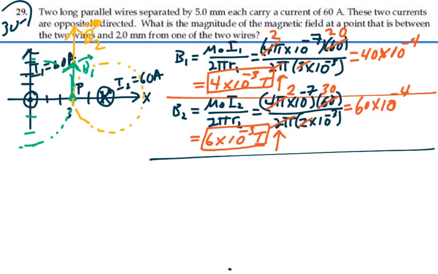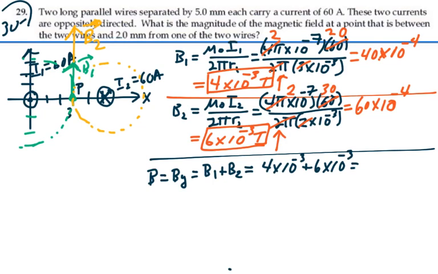So our net magnetic field is going to be totally in the y direction, and it's going to be the sum of these two fields, B1 plus B2. So it's going to be equal to 4 times 10 to the minus 3 plus 6 times 10 to the minus 3, which will be 10 times 10 to the minus 3 Tesla, or 10 millitesla, or we could write it as 1.0 times 10 to the minus 2 Tesla.